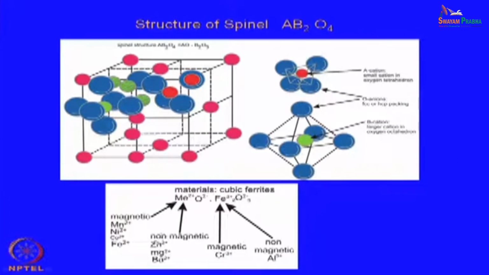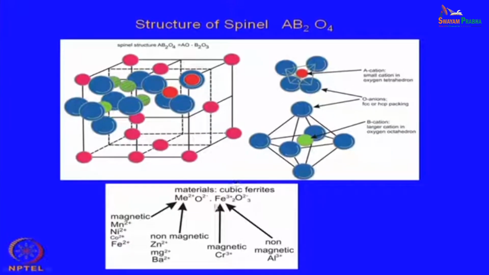So when A is zinc or magnesium or barium, they go to the tetrahedral side, whereas these ones also go to the tetrahedral side, but part of the trivalent ion also comes to the tetrahedral side, and that is why this Me 2 plus oxygen, that is AO, and B2O3, B is 3 plus.